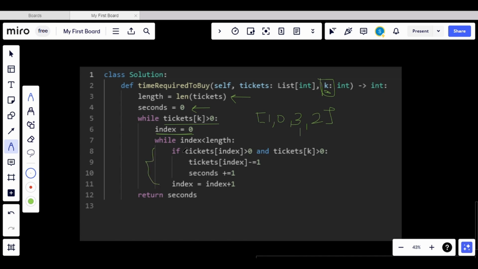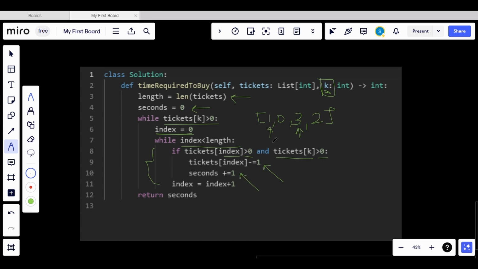So while index is less than length, tickets at index should be greater than 0, and tickets at k should be greater than 0. It doesn't matter if k is equal to index, right? The ticket at this index needs to be greater than 0, and the kth index that we're looking at also needs to be greater than 0 for us to decrement that ticket, that means the ticket to be bought, and increment the seconds.